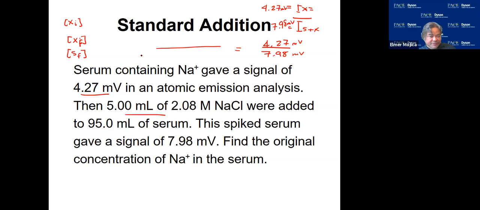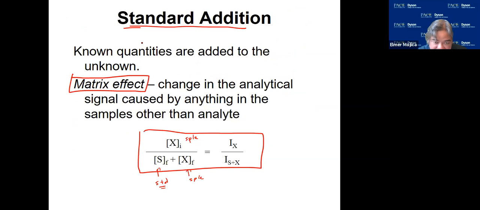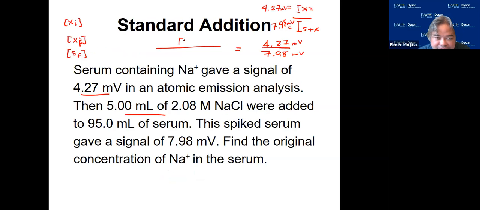This is the one that we're looking for. We don't know XI, so I'll just put the sodium here. Now, how do we get the SF?